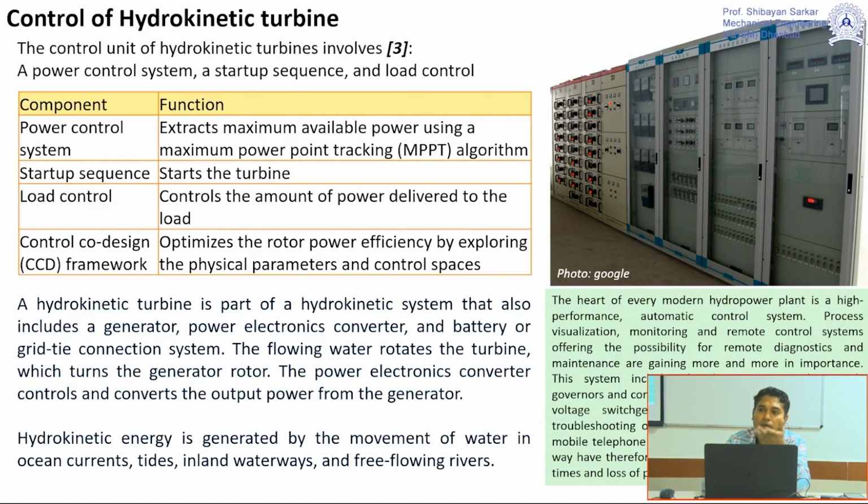So power control system, startup sequence, different types of MCB, load control system, control network. Different things can be installed for controlling the hydrokinetic turbine system, and that is applicable for any small hydropower system.